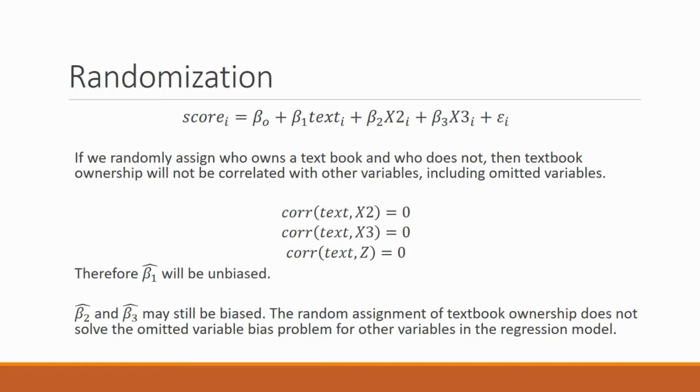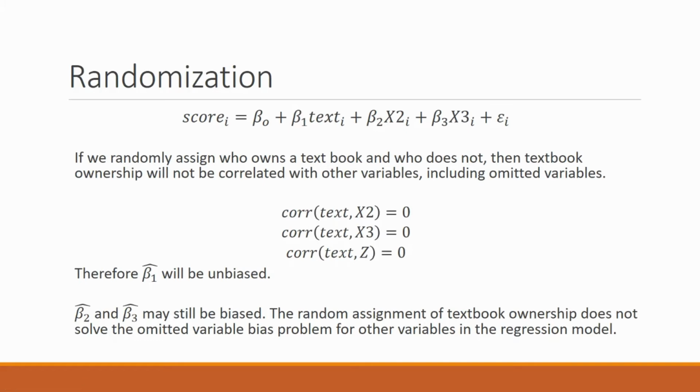Okay, now at this point I want to make another thing extra clear here. Looking at this regression model, we have textbook as an independent variable. That's the variable we're most interested in. We also have x2 and x3 as independent variables. Now, if I randomly assign who receives a textbook, then I will get an unbiased estimate of beta 1.